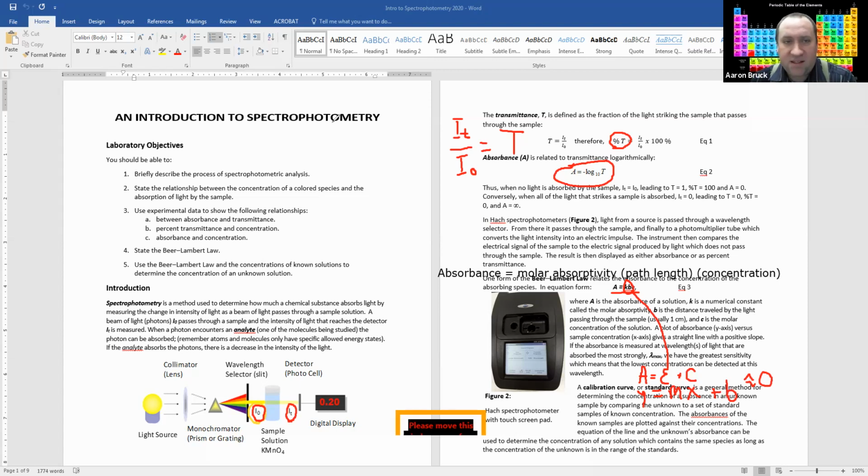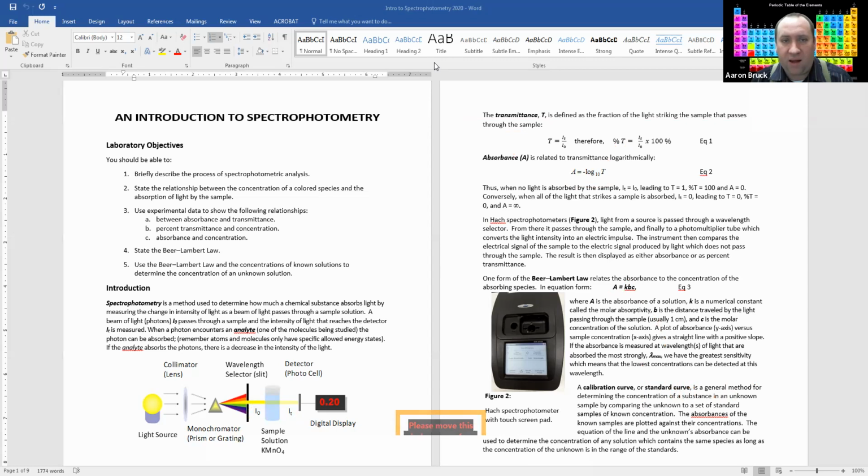So from that standpoint, if we make a bunch of solutions of different concentrations and find all their absorbances, what we can create is a calibration curve where we put concentration on one axis, our x term, and absorbance on our y axis.